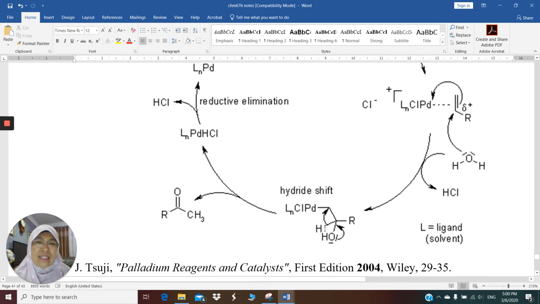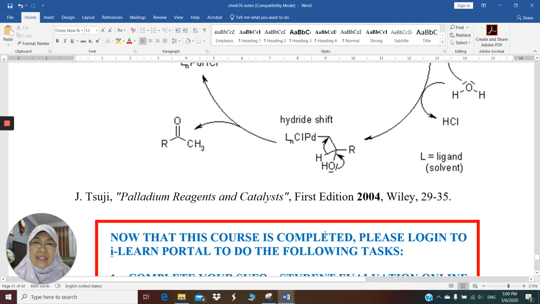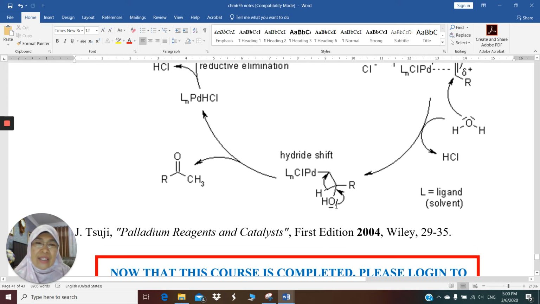What you get here is the palladium added on with your alkene that has water added to it. And again, the second lone pair of electrons will collapse onto that bond, and then this hydride is going to attach itself there.